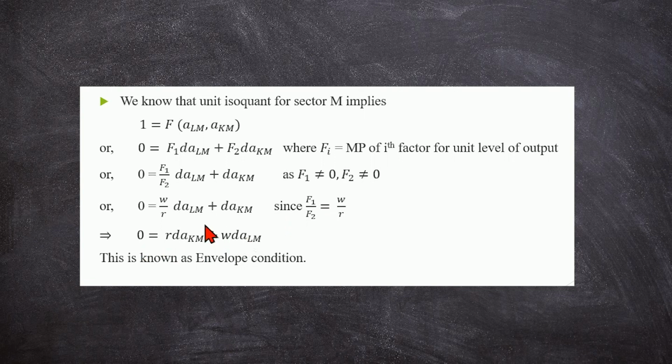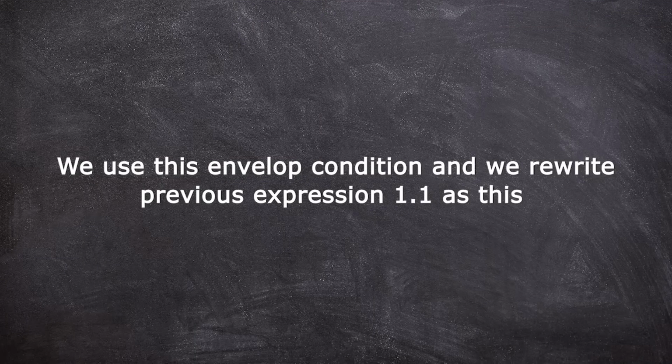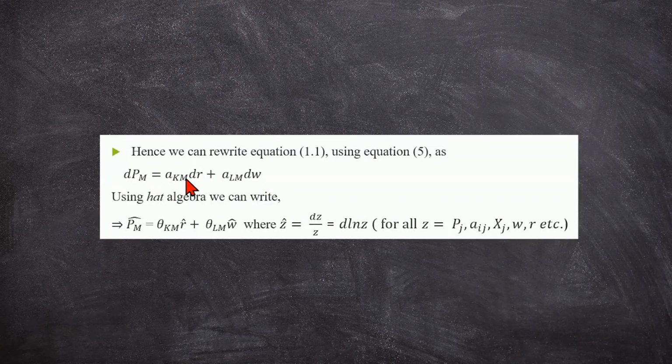This is the envelope condition, which says R into dAKM plus W into dALM is equal to 0. Now we use this envelope condition and we rewrite the previous expression 1.1 as dPM is equal to AKM into dR plus ALM into dW.